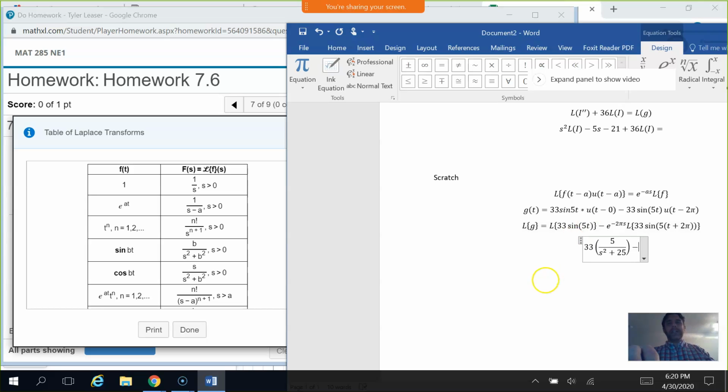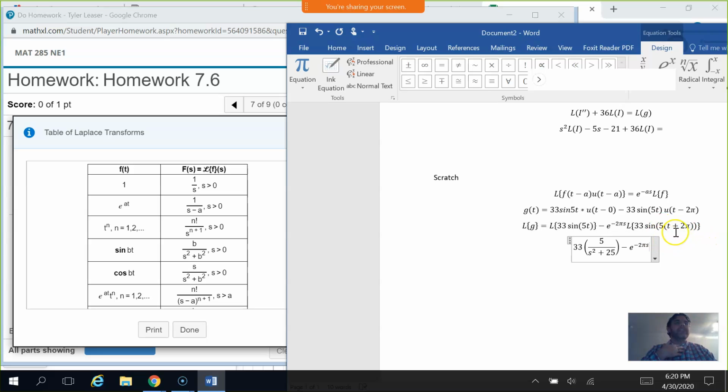That's going to be minus e to the negative 2 pi s. And then again the Laplace transform, but this time it's going to be a little bit different. What's really nice is that if I multiply the 5 into this, it's going to be 5t plus 10 pi. And I'm pretty sure that that is periodic.